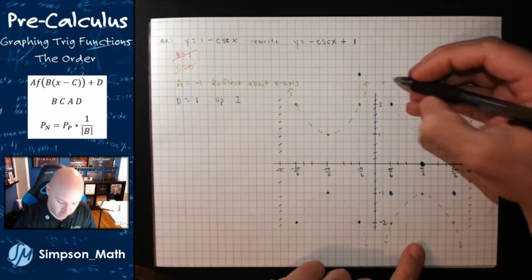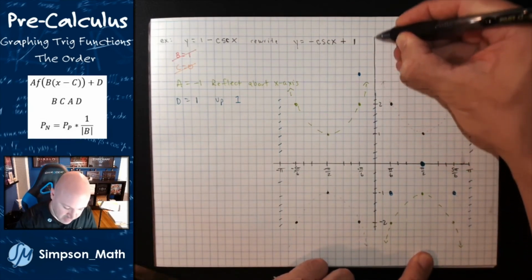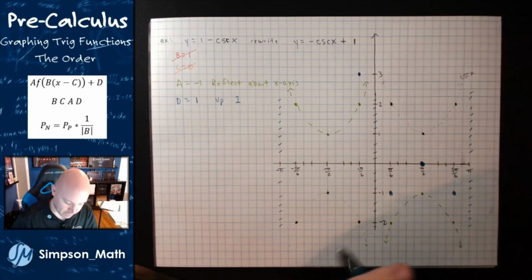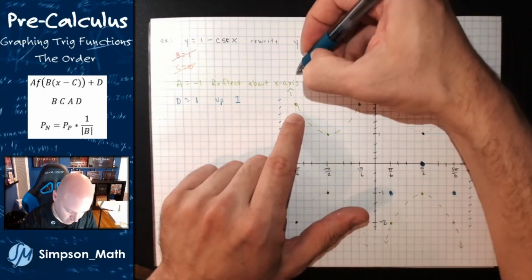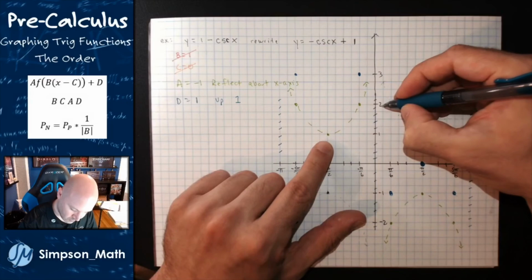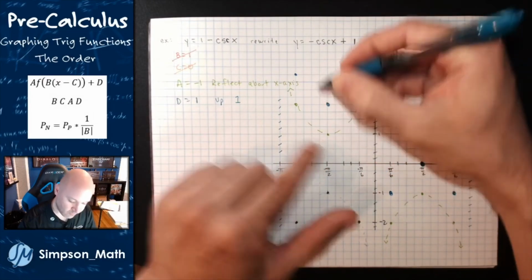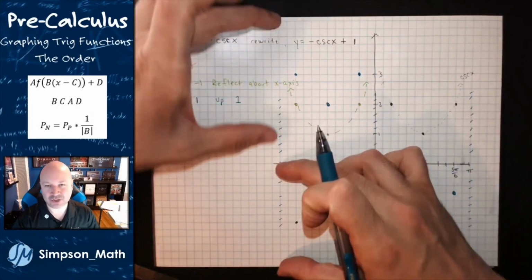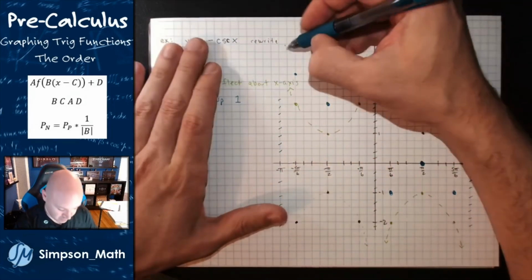I've gone off my y, so I need to label up there. 1, 2, 3, 4, that should be 3. The asymptotes, sure, you can move it up, but they're still going to be there.